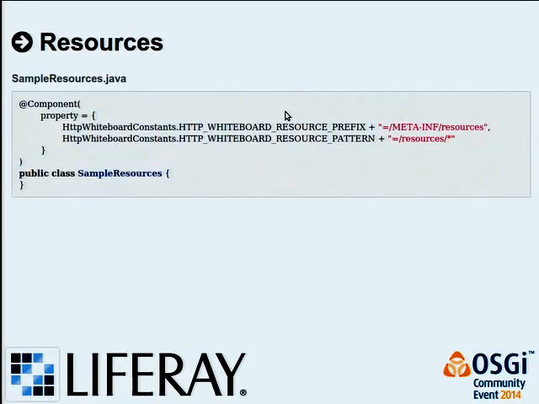Resources. We want to serve resources, static resources, CSS, JavaScript, plain HTML files, text files, binary downloads, whatever. This is literally my object. I'm mapping a space. A prefix is the mapping within my bundle that I'm targeting.